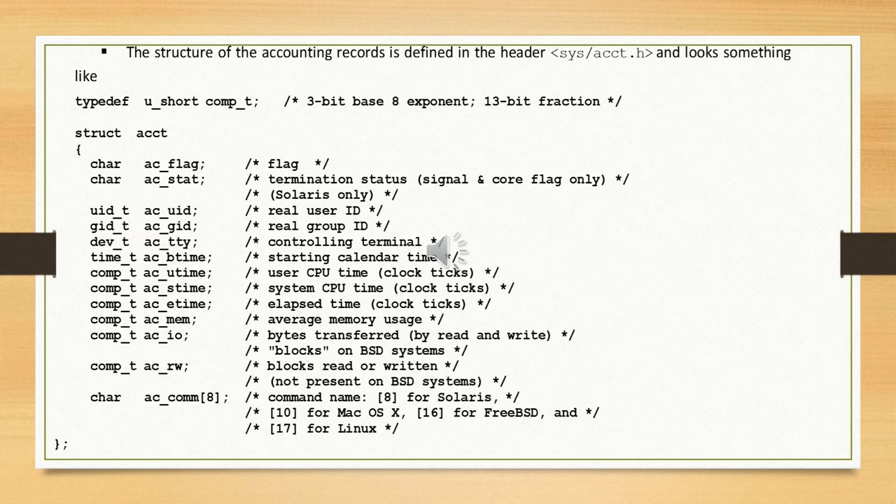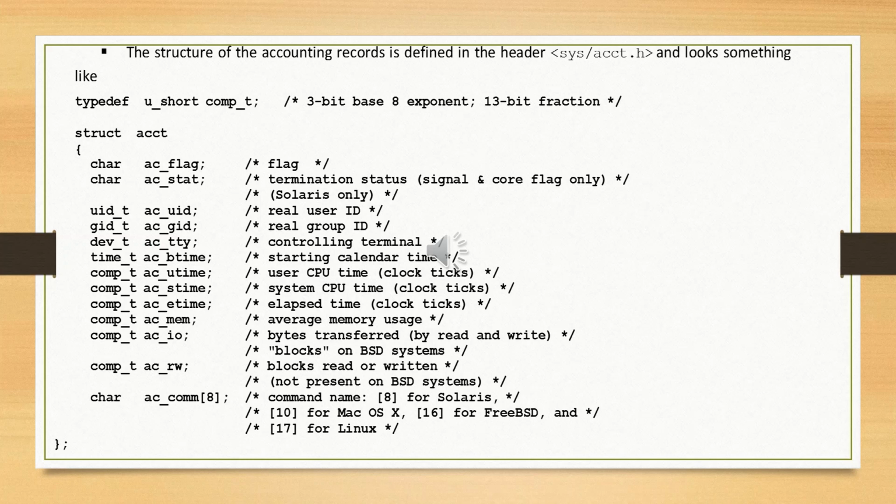It looks something like this: any value is considered as a 3-bit base-8 exponent and 13-bit fraction, with the type definition of u_short comp_t.